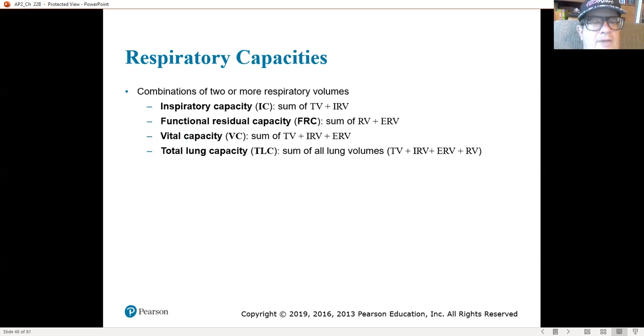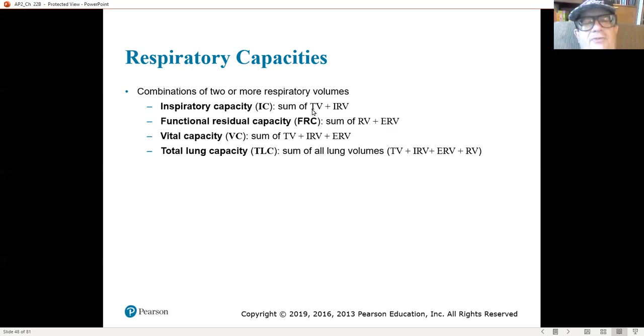So you could do combinations of these volumes to make other things. The inspiratory capacity, meaning the amount you can breathe in, is your tidal volume, what you normally breathe in and out, and the inspiratory reserve. Easy to explain. If you were to breathe out all the way, all the air you could, and then you just relax, you're breathing in, actually, no, that's not true, you're breathing out more than normal.